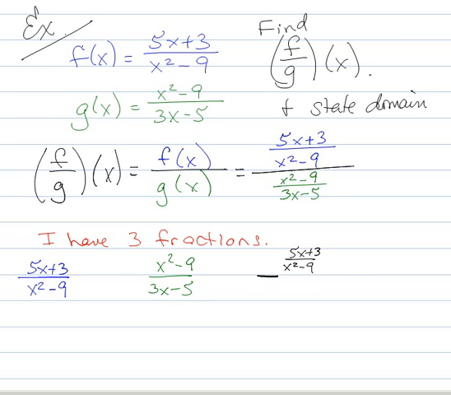So this is my big honkin' fraction. All right, so I'm going to emphasize the division lines we're looking at. This division line, and this division line.